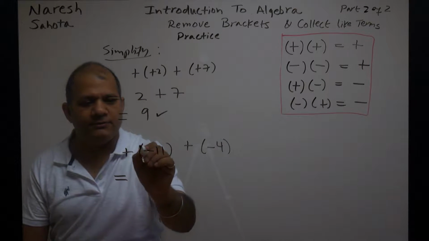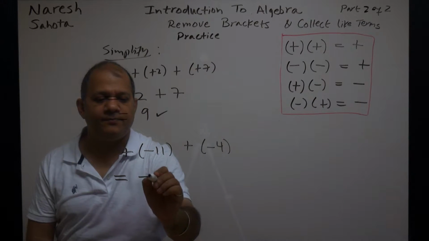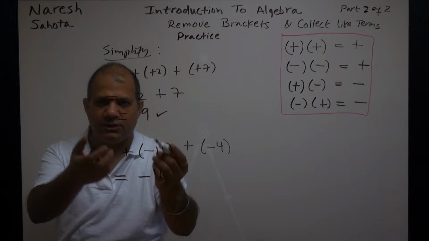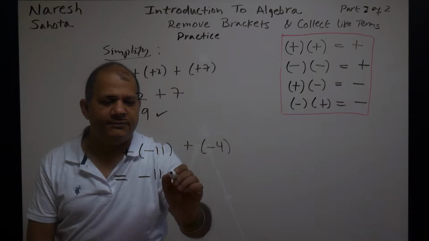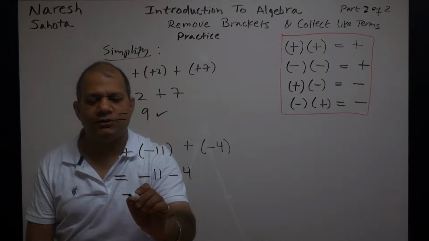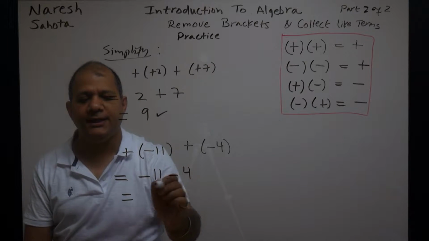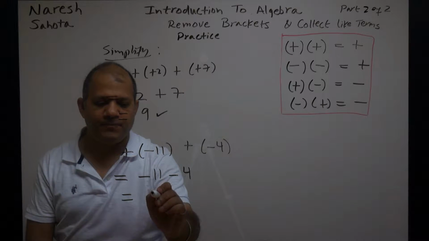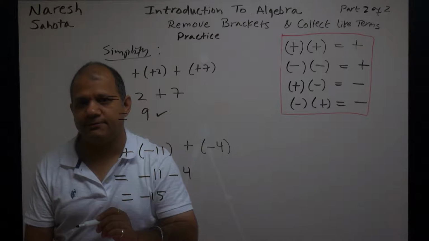Positive times negative is negative. 1 times 11 is 11. So once we remove brackets, what comes out is negative 11. This one, positive times negative, is negative. 1 times 4 is 4. So now we have two numbers that we're adding, and they both happen to be negative. So simply add 11 and 4, we get 15. And because they're both negative, negative goes in front.